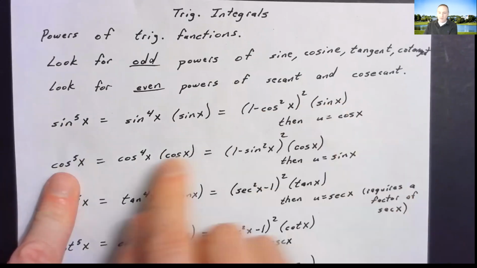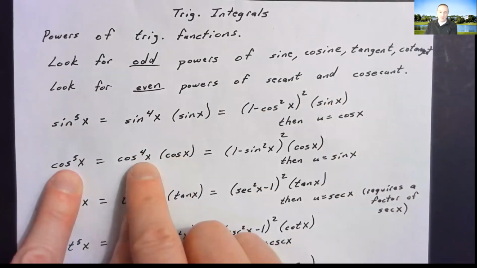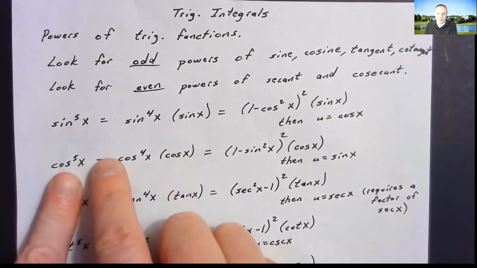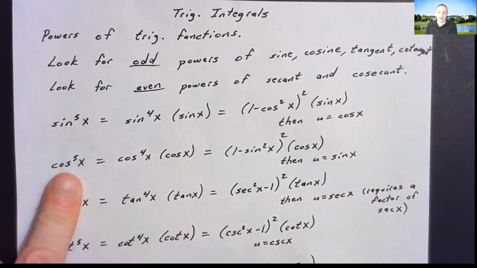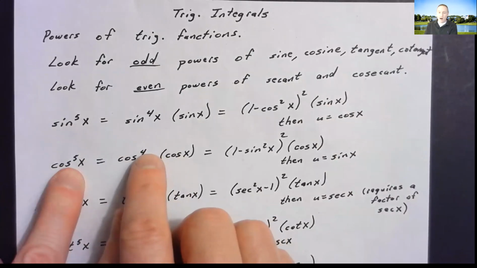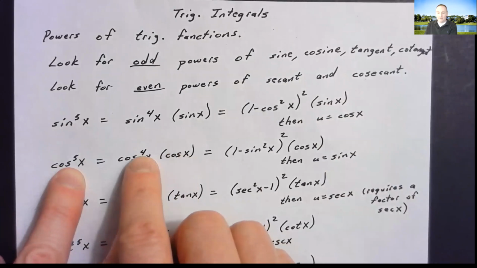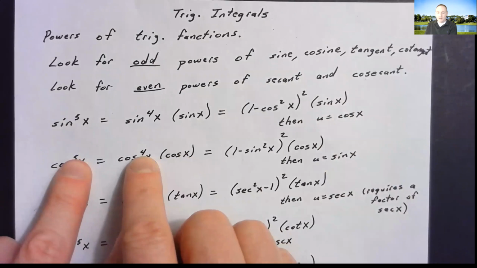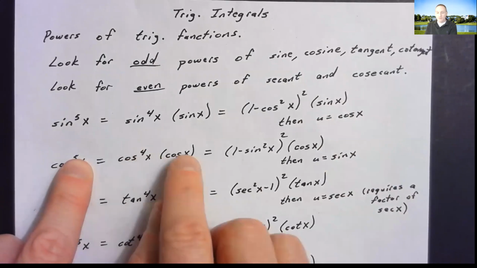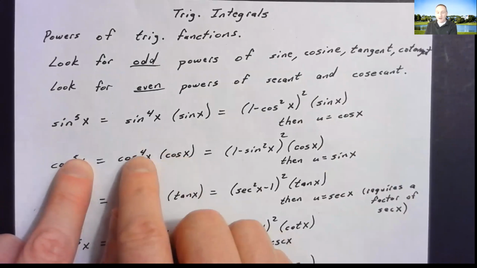Now, similarly, if I have a cosine to an odd power, and I'm just using the fifth power as an example here, it could be the seventh, the ninth, the 11th, whatever, you will always take all but one power of it and rewrite it as another trig function. So if I have cosine to the fifth, I know it's cosine to the fourth times cosine. How do I write cosine to the fourth in terms of sine?